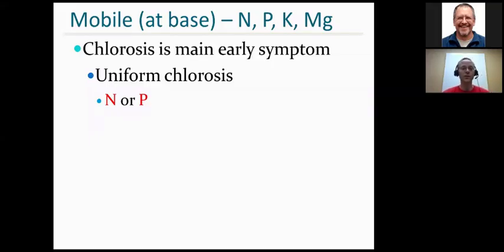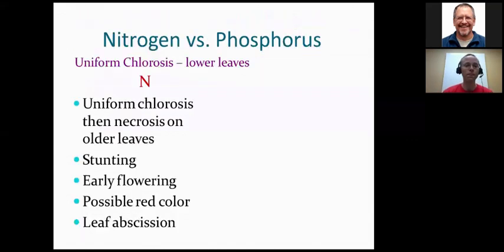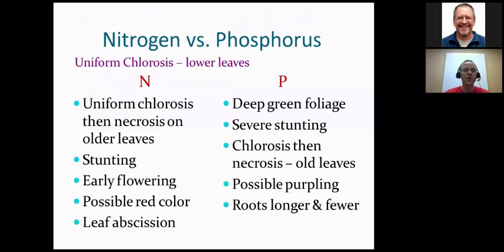That's our main symptom that we look at, chlorosis early on. Now, when we look at nitrogen versus phosphorus, and we look at all the different symptoms of nitrogen and phosphorus, we kind of see a lot of the same elements.